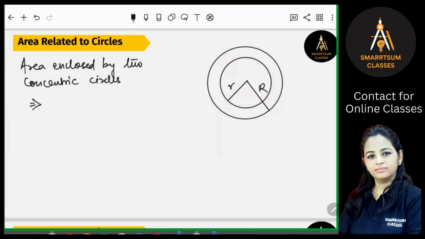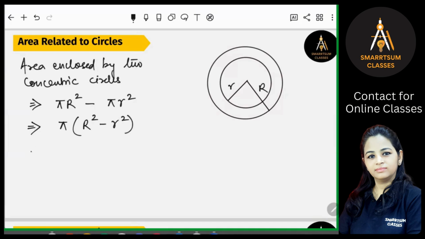If capital R and small r are the radii of two concentric circles, then the area enclosed by these concentric circles will be given as pi R square, which is the area of the outer circle, minus pi small r square, which is the area of the inside circle, right? So if we subtract them, we get the area enclosed by the two concentric circles. You can take pi common: pi into R square minus small r square.